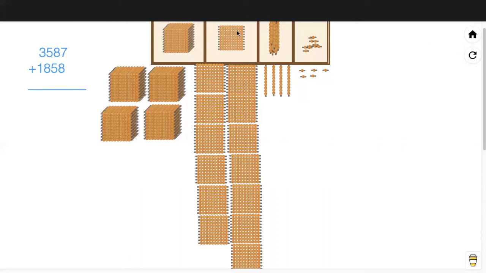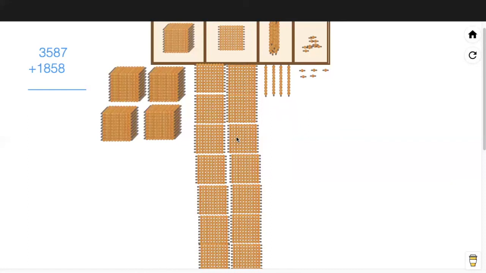Caroline, can you help me count the 100s? I think I forgot a step, didn't I? I didn't get out a new 100. All right, Caroline, can you help me count the 100s? 1, 2, 3, 4, 5, 6, 7, 8, 9, 10. I have to stop.